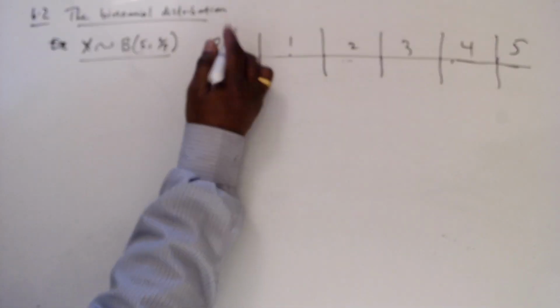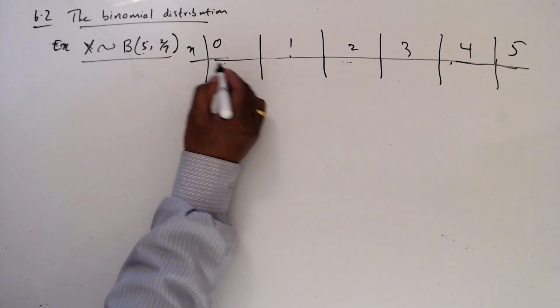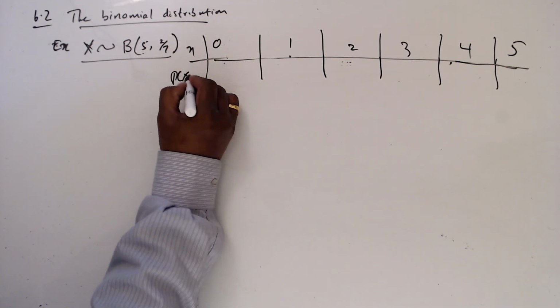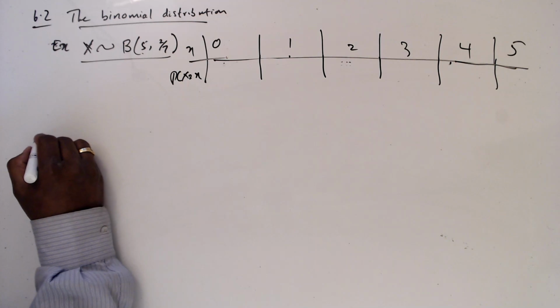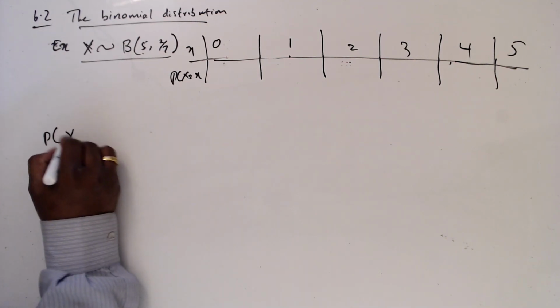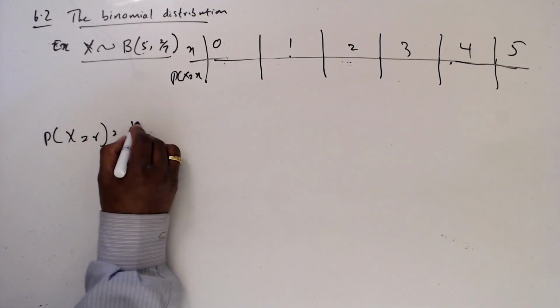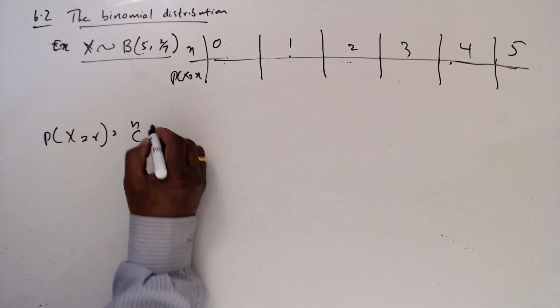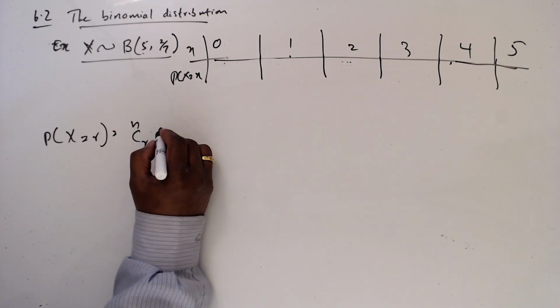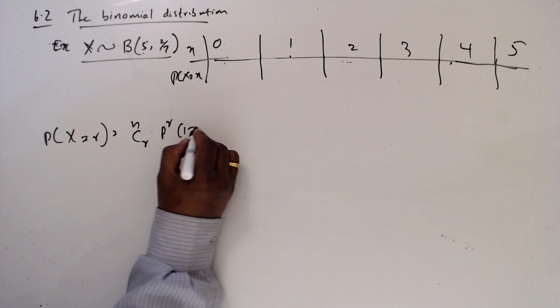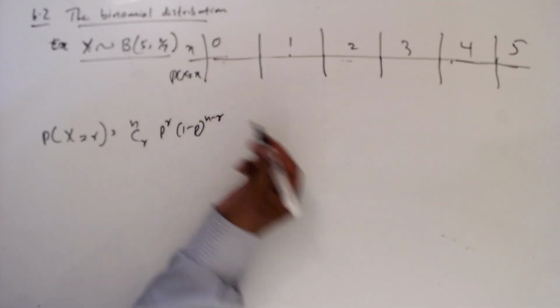Capital X, this is going to be simple x, P(X = x). Now, the standard one is the probability of X = r is nCr p^r (1 − p)^(n − r).